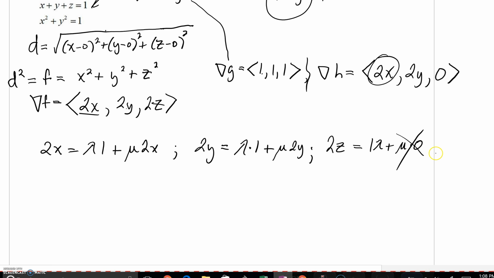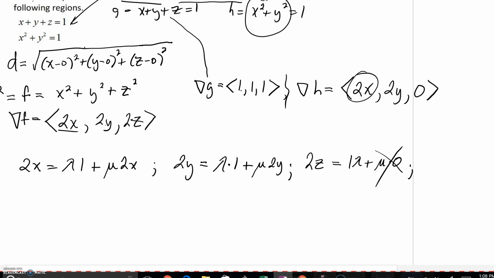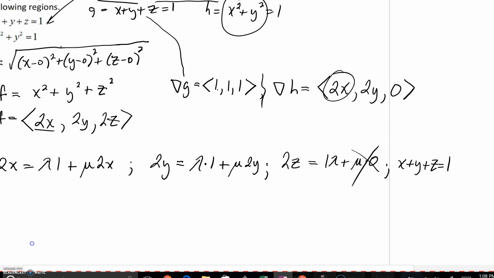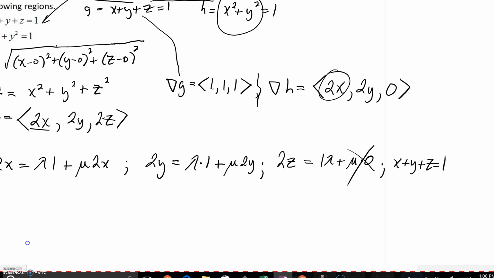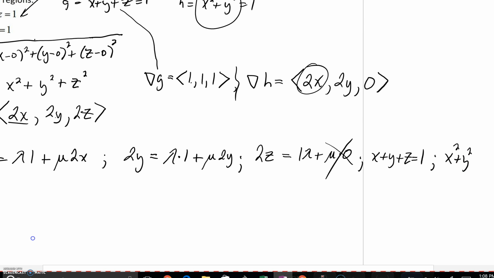But please do understand, guys, that our constraints are also a vital part of the system of equations. We're going to say, remember that any point on f here is satisfying g equaling 1. It's also satisfying that h, which is your x squared plus y squared, would equal 1.